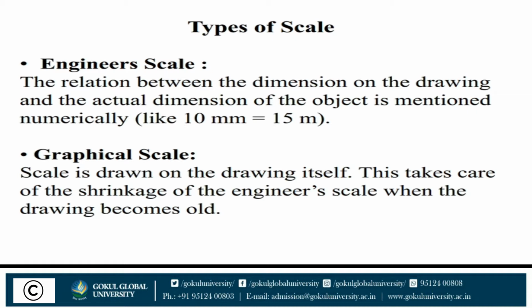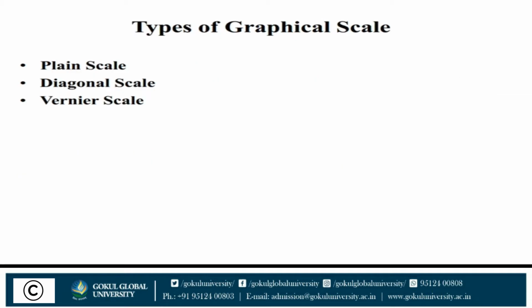Second, the graphical scale is drawn on the drawing itself. It takes care of the shrinkage of engineer's scales when the drawing becomes old. Types of graphical scale: first plane scale, second diagonal scale, third vernier scale.